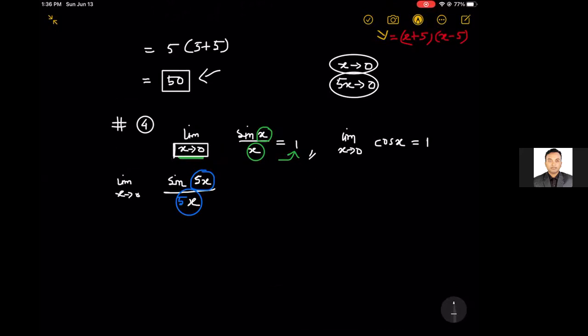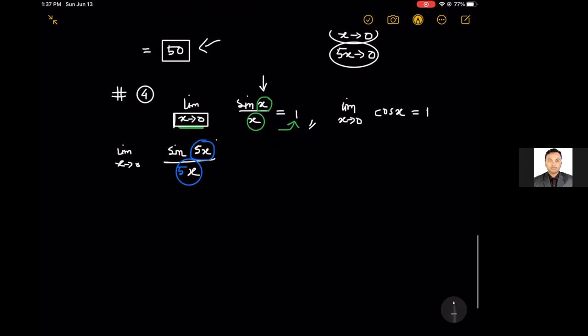It's 7x, 6x, whichever you multiply, it doesn't matter, as long as it's going in the same direction. So if for x tends to 0, sine x over x is 1, any other function should tend to 1 as well whenever the coefficients are the same, like 5x over 5x.